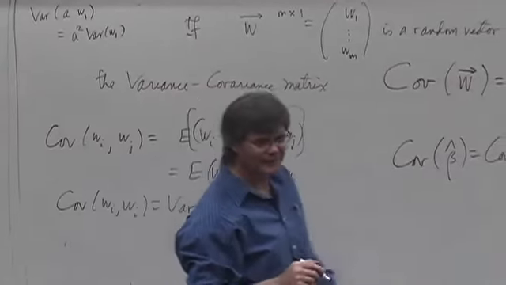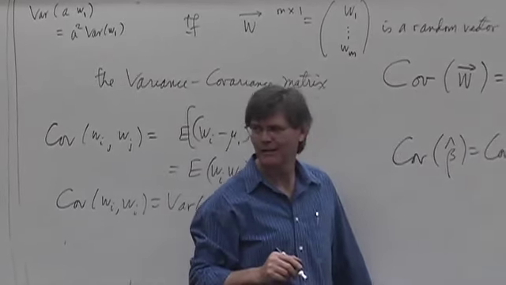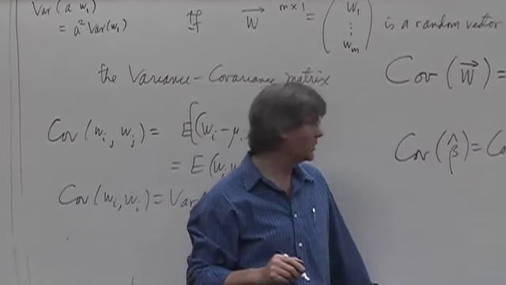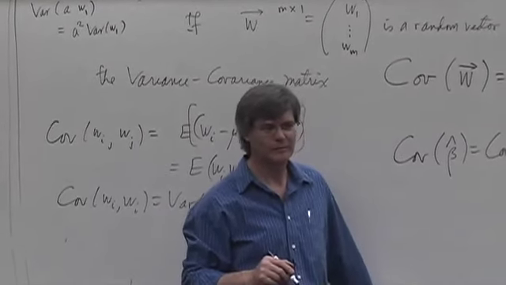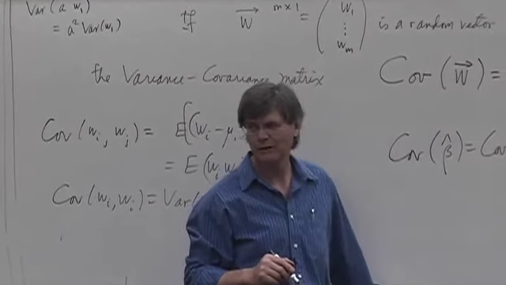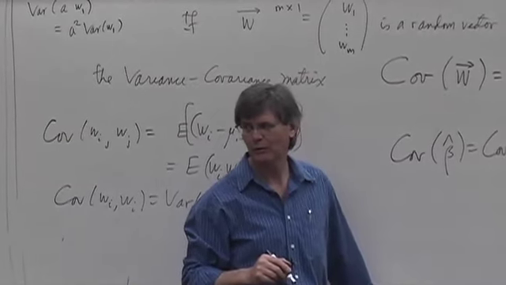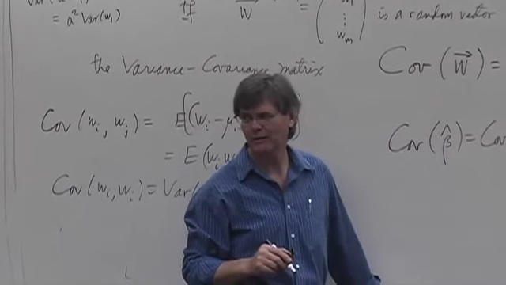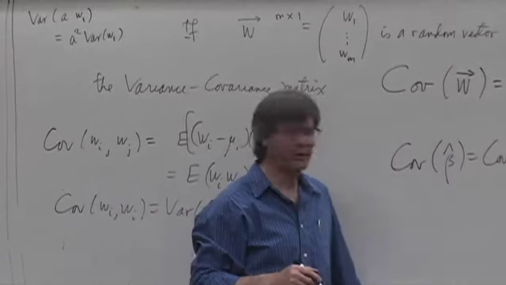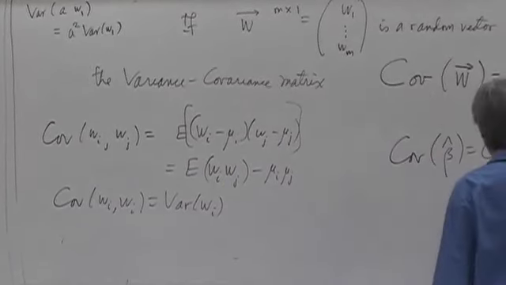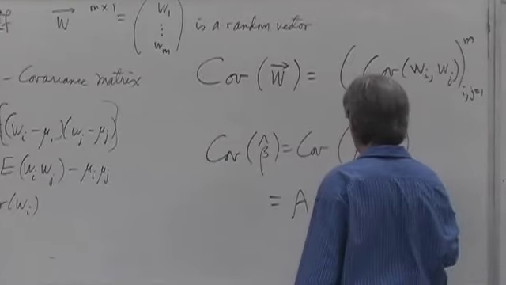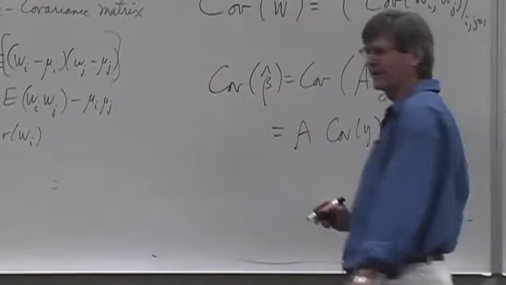What do you think? Well, that wouldn't be the right dimensions because A is not square. A transpose? Yeah, there's a transpose. But where's the covariance of Y coming in? Okay, now get them in the right order. A, covariance of Y, A transpose.